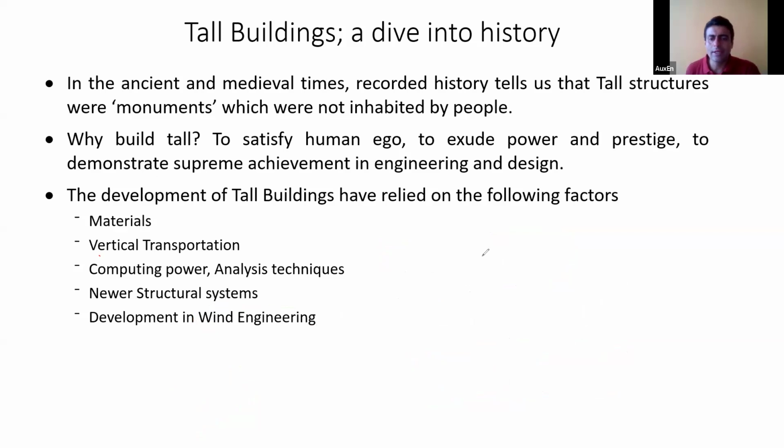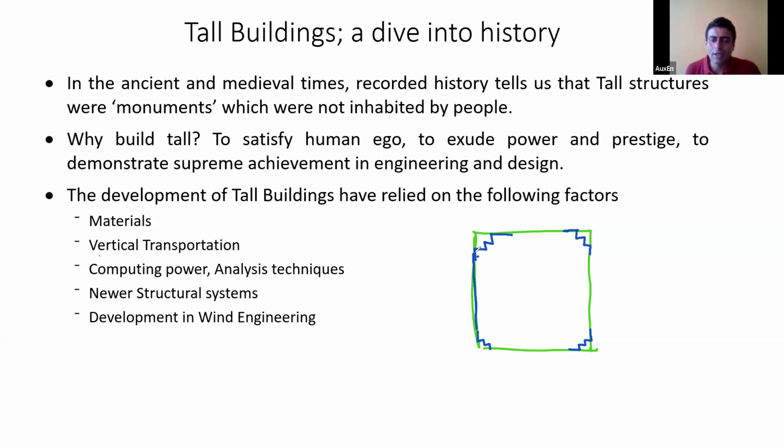For example, if you have looked at the Taipei 101 plan, earlier it was a rectangular, square plan. I am talking about the Taipei 101 building. I'll show you the images later on, but I hope you have heard about Taipei 101. After wind tunnel testing, it came out that providing a notch like this at corners, a double notch, instead of a square plan, will help to mitigate the effects of wind in a much better way.